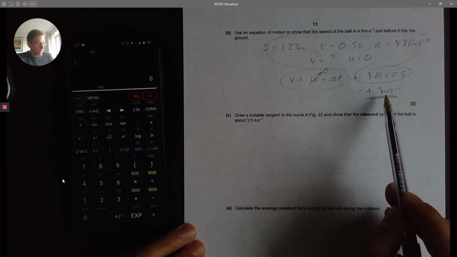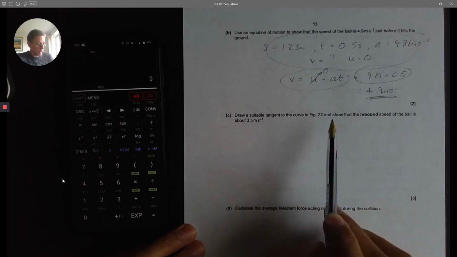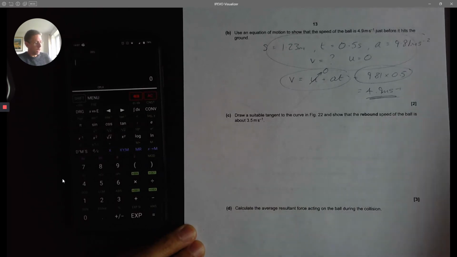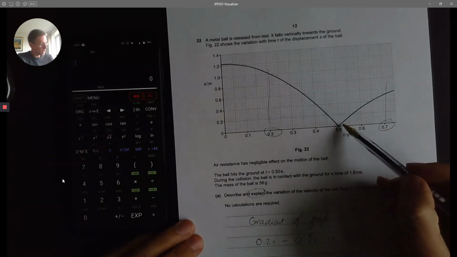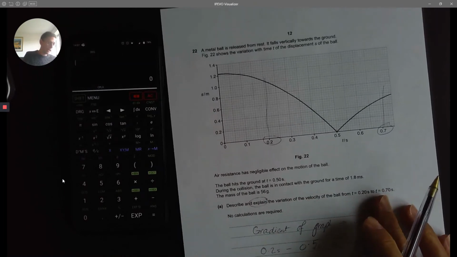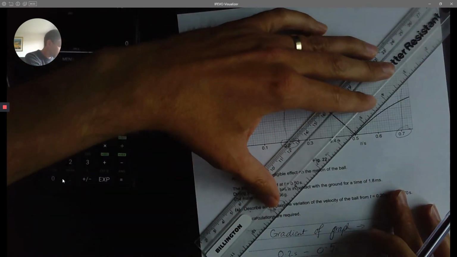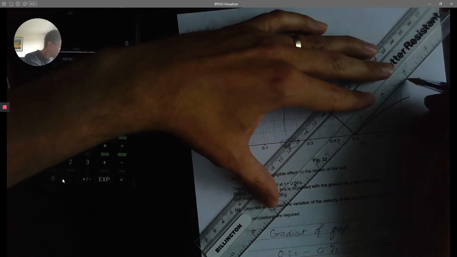Okay, so this is the speed it hits the ground at, but now we're being asked to work out the rebound speed, which is the speed it comes off the ground at. We've already noted that that's a little bit slower, so we just need to stick a gradient on this.